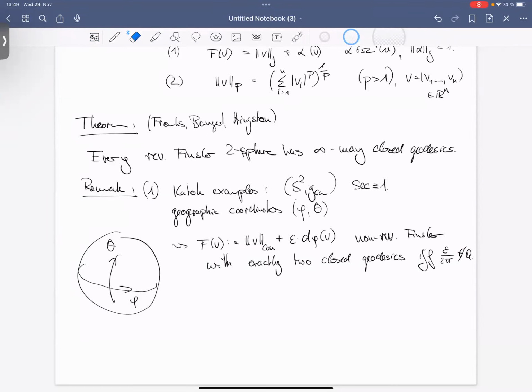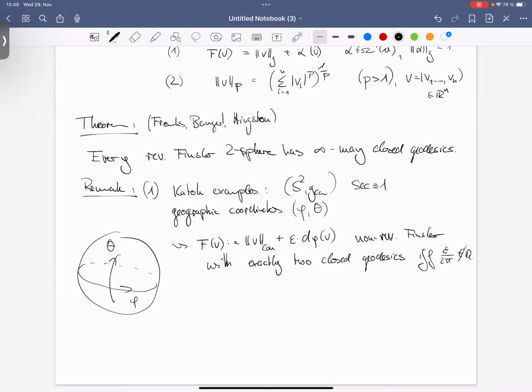And there you have exactly this picture that you get only 2 closed Reeb orbits. You can see this actually directly from the geometry.